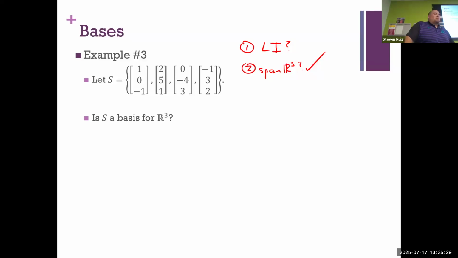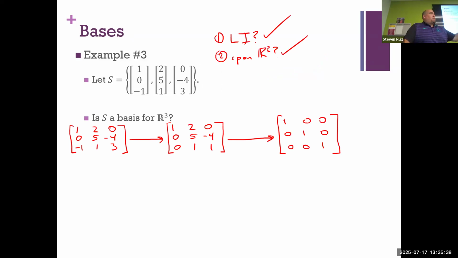Because I have a column vector that I don't know what the combination is, but it must be a combination of the first three. Because I already proved through calculator cheating that these three vectors can be reduced to 1, 0, 0, 0, 1, 0, 0, 0, 1.